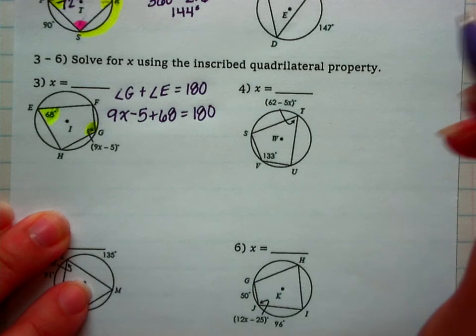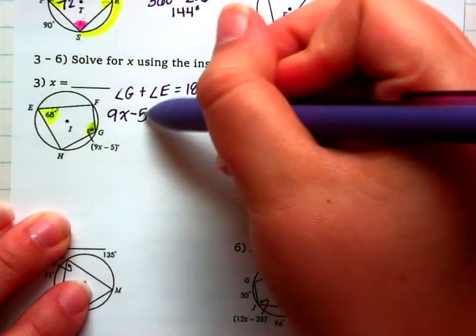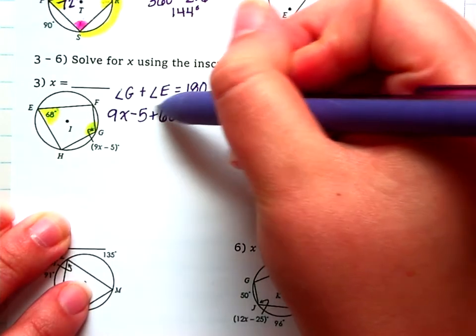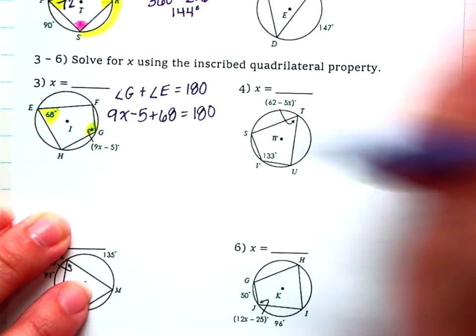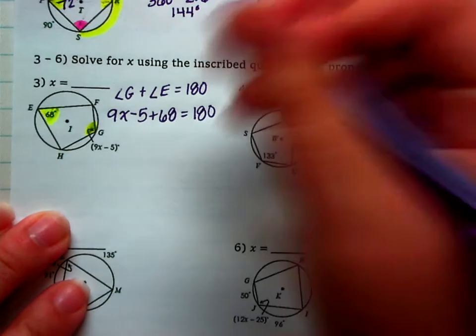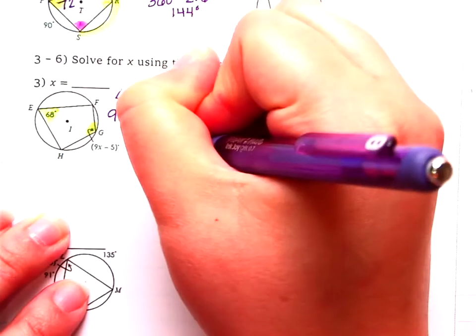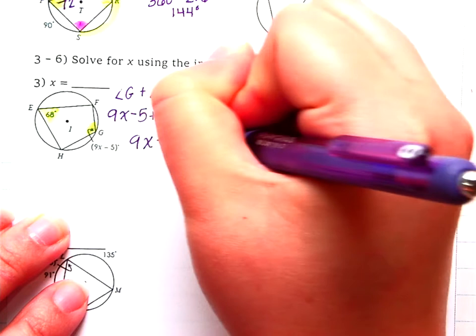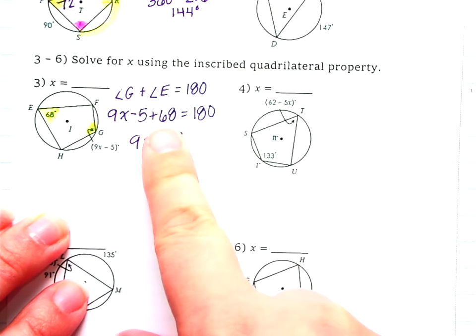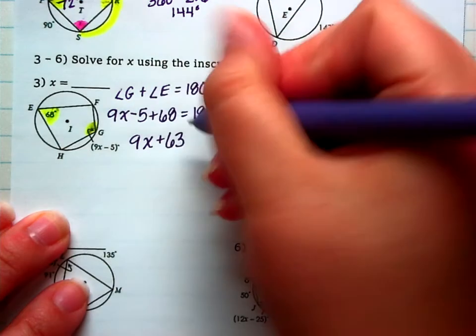And this is where you guys have to be careful with combining like terms. Since we have -5 and positive 68 on the same side of the equal sign, we're just going to consolidate that and make that a 63. -5 plus 68 is positive 63.